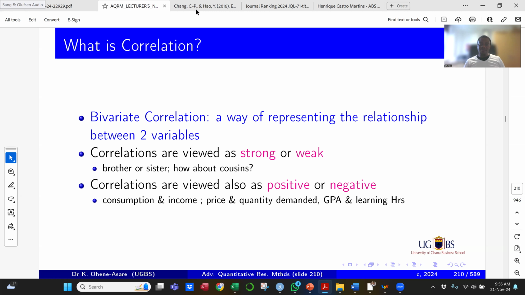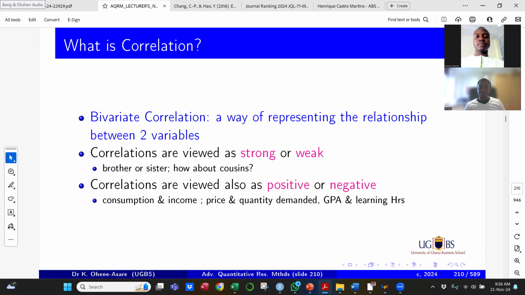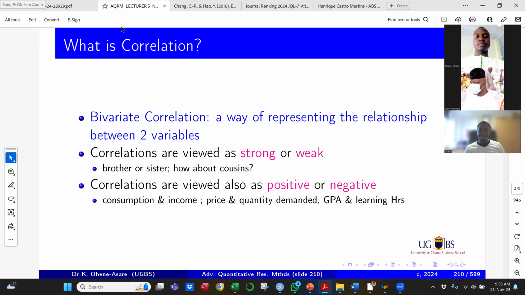The correlation between a brother and a sister. Samson: I think it's strong because they are of the same parents. What about cousins? I think cousins will be weak because of the distance between the parents. Good.